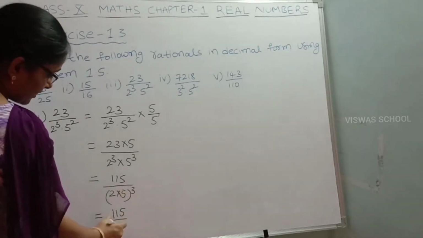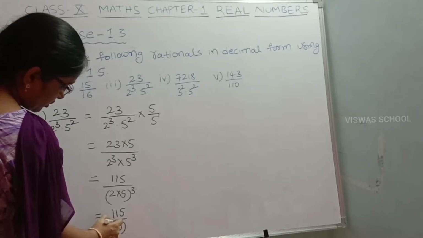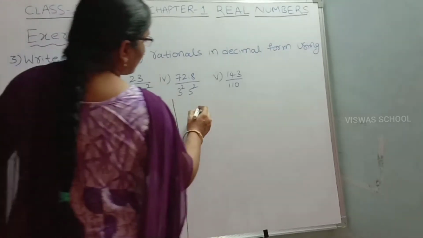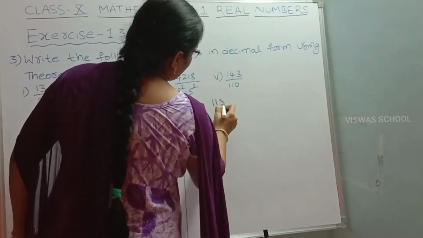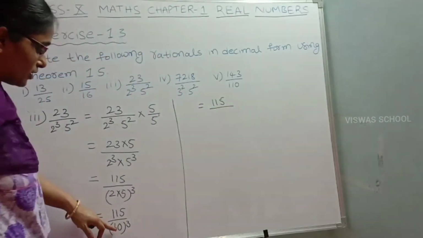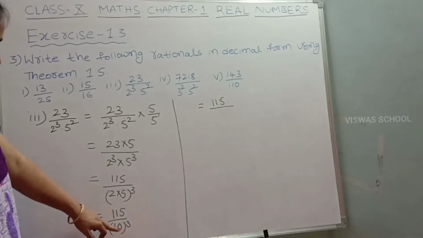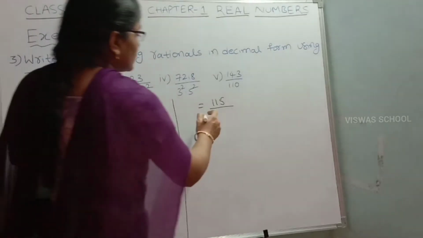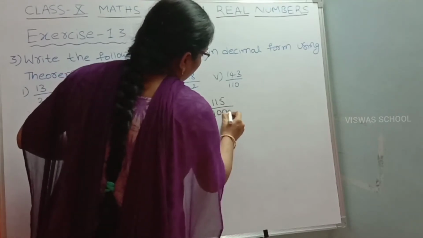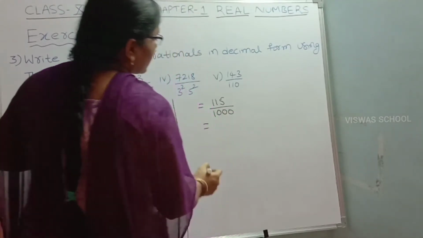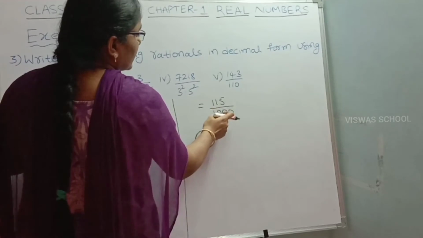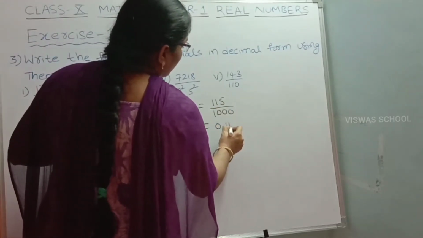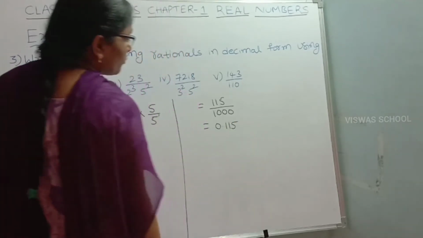That is 2 5s are how much? 10. 10 whole cube. Now it is equal to 115 by 10 cube. That is 10 into 10 into 10. 10 tens are 100. 100 tens are how much? 1000. Now it is equal to 115 by 1000, which is written as 0.115.